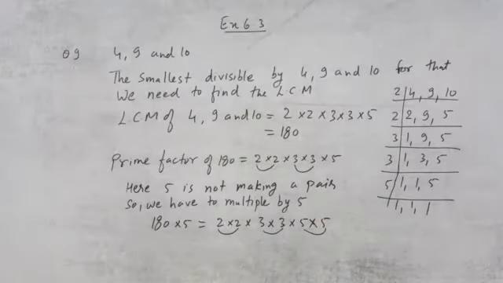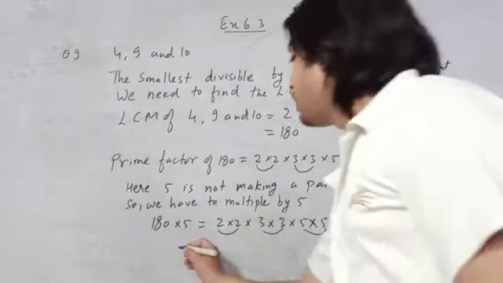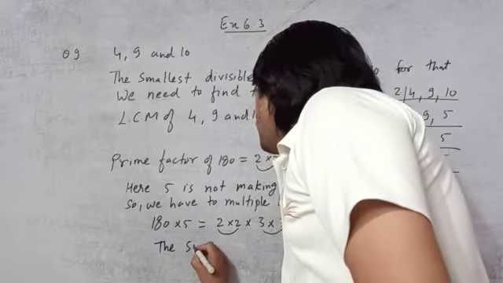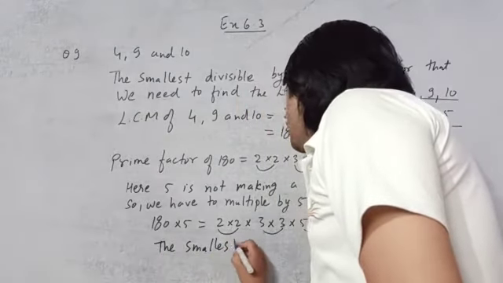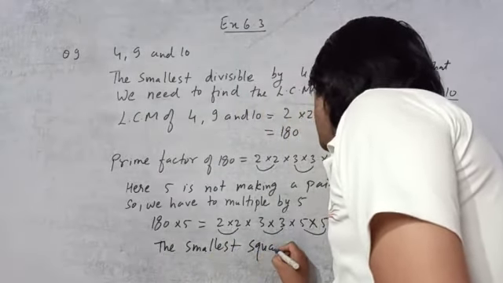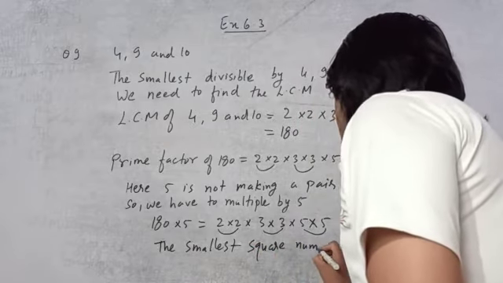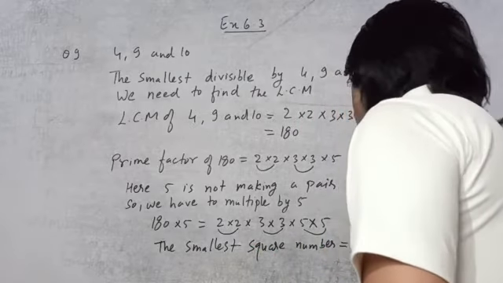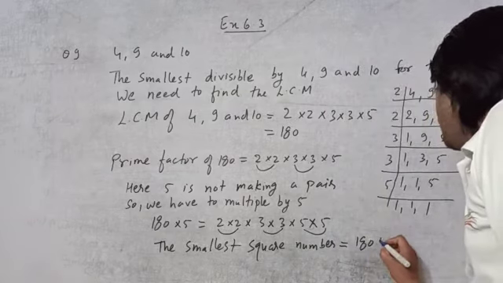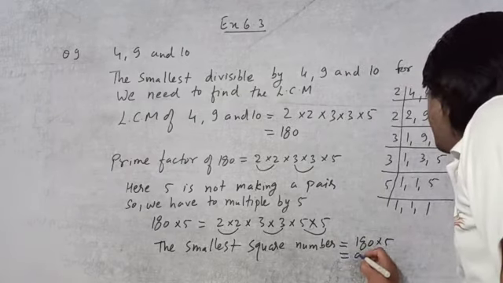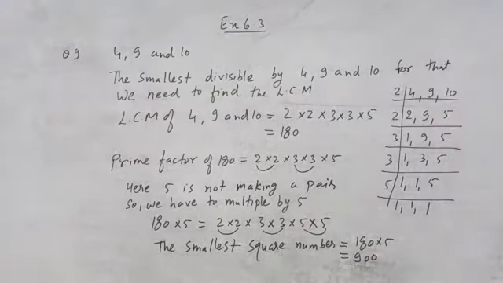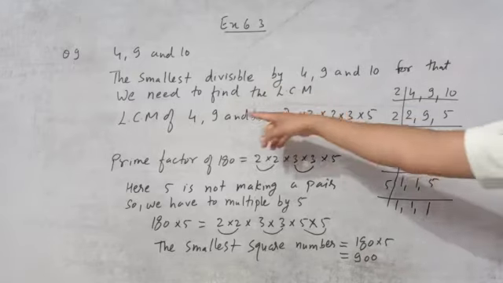So the smallest square number equals 180 into 5, which is 900. This 900 is the square, the smallest square number which can be divided by 4, 9 and 10.